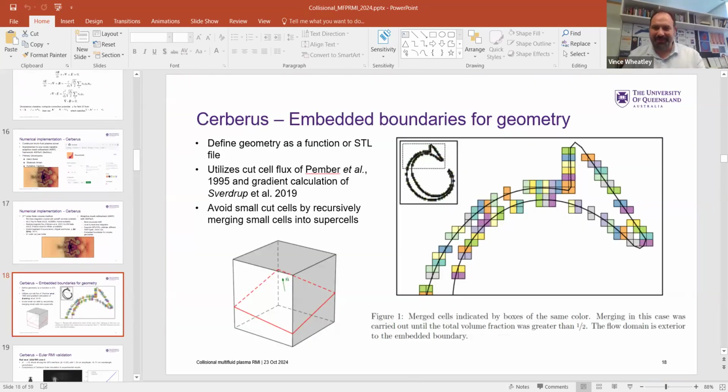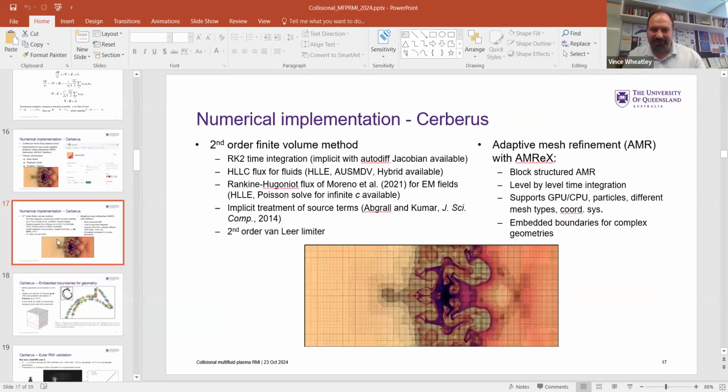Okay, so this little picture is an example for a uniform grid, more or less. Now, the reason why we're merging cells together is sometimes when you cut cells, like subdividing a cell into two parts, you can get tiny slivers of cells where if you compute the stable time step for those cells, it's extremely small, which greatly limits the time step you can take on that level. So our solution to this is to merge the cells. However, we're only merging cells on the finest level of the AMR.